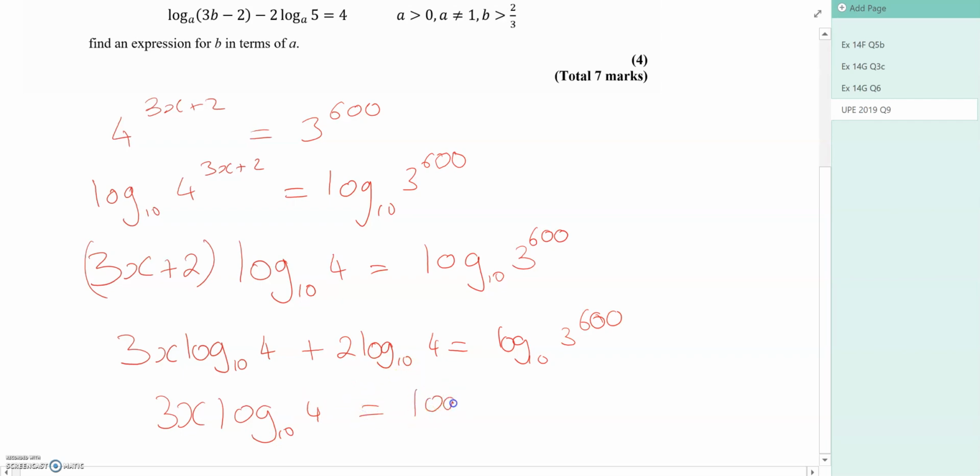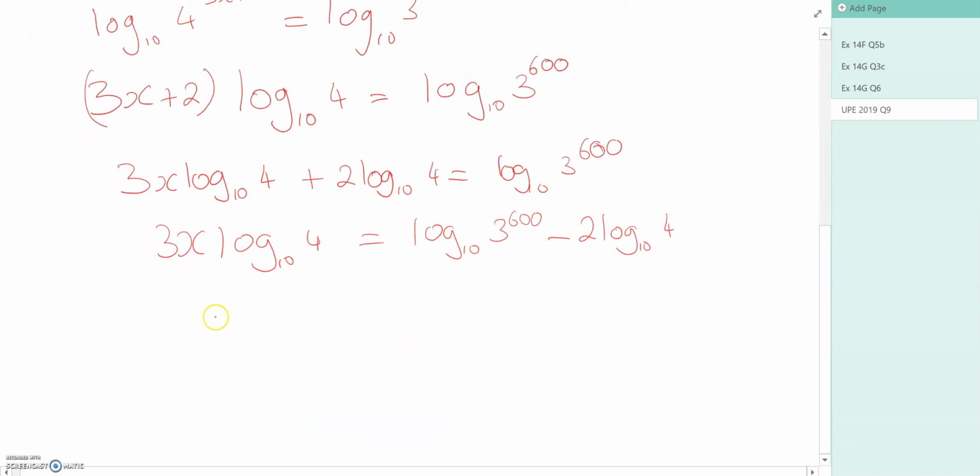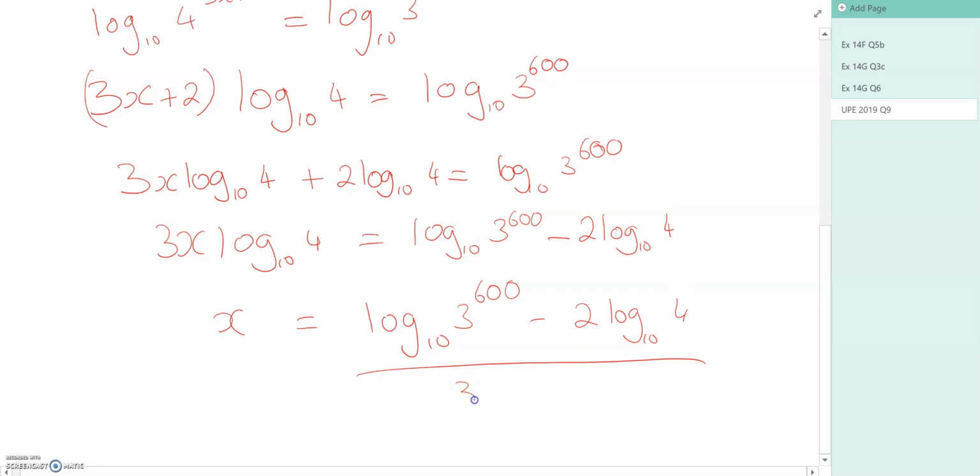You can put it in a calculator, it will give you an answer. And so x is equal to log 10 of 3 to 600 minus 2 log 10 of 4 divided by 3 log 10 of 4.